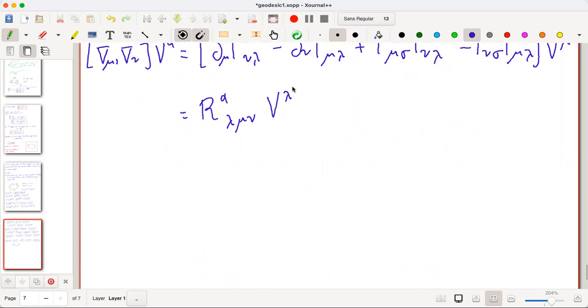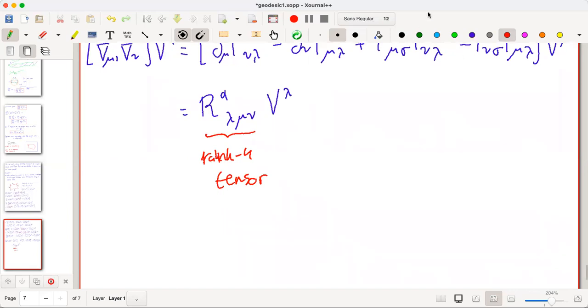Since V lambda is a rank 1 tensor, this one must be a rank 4 tensor because it has 4 indices.